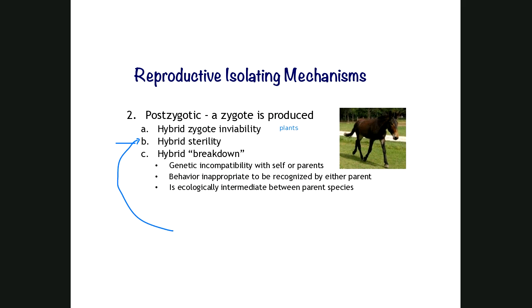Usually each generation is less viable and less fertile, and each successive generation has reduced fertility, reduced fertility, reduced fertility, and eventually they will be sterile. So A and C are typically in plants, and the middle one is what we see in mules, and obviously the mules are sterile.